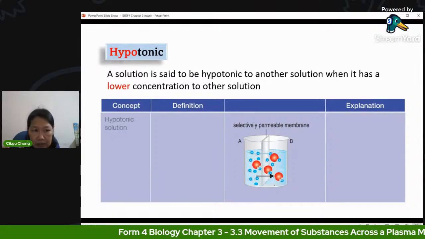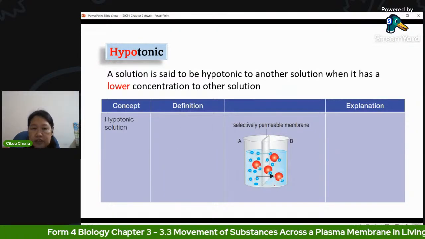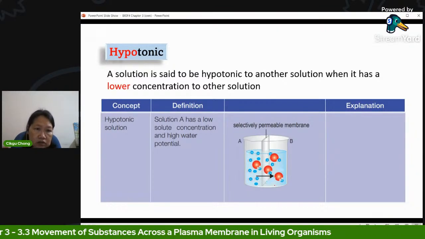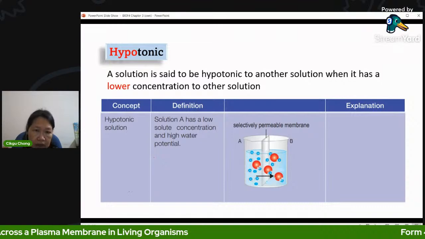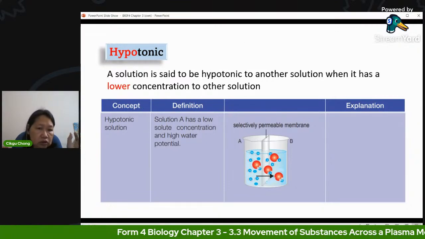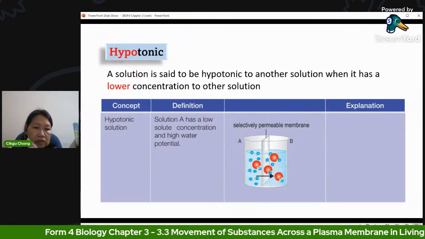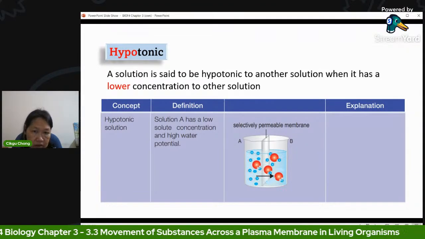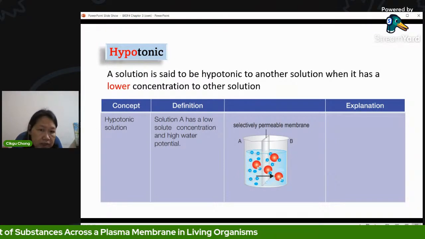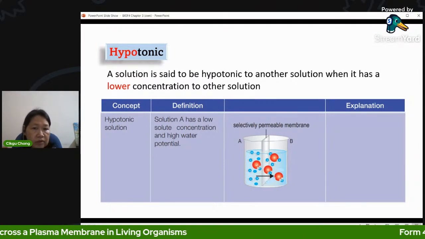Now let's look at this picture. Definition here: solution A has a lower solute concentration. Let's see why. Look at A on the left-hand side, you will see there's only one sucrose molecule, whereas on B you get three. If you talk about solute, A will be less and B will be more.